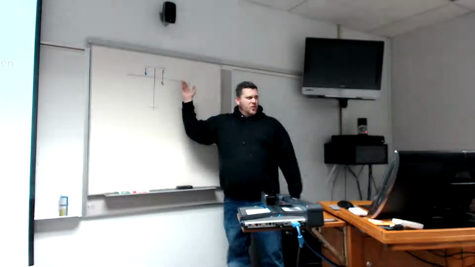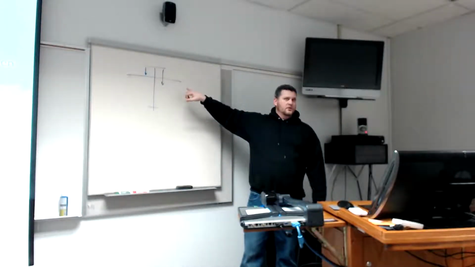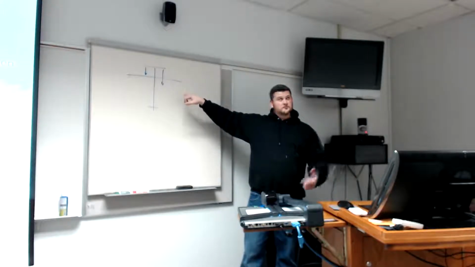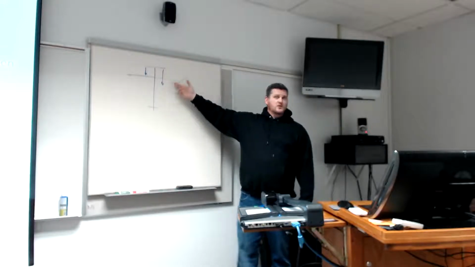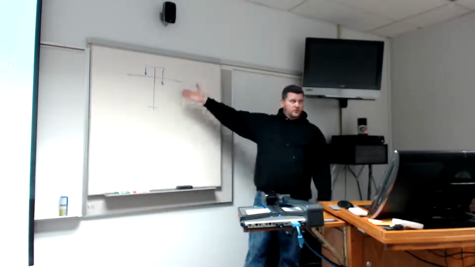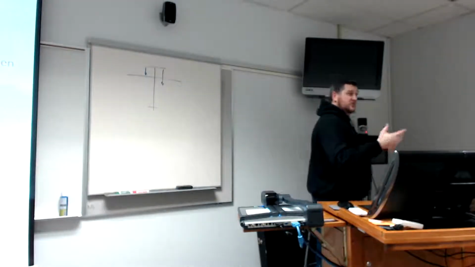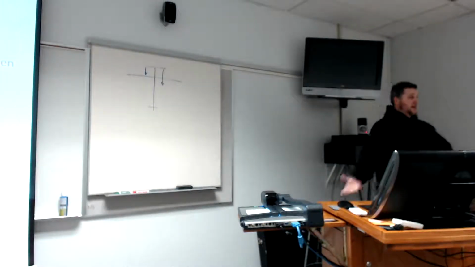More thrust means what? Okay, well, yeah, because you're generating more lift. But is this air moving faster or slower? Yes, it's faster. More thrust means it's moving faster. Less thrust means it's moving a little slower. How does that affect the pressures?